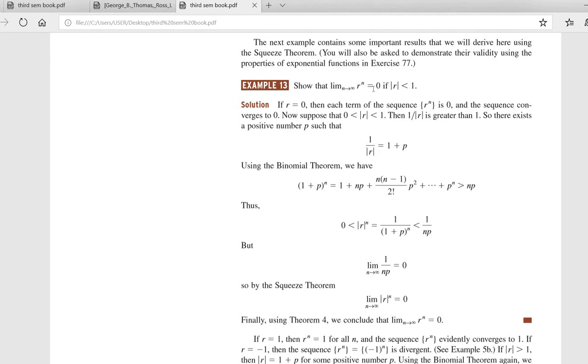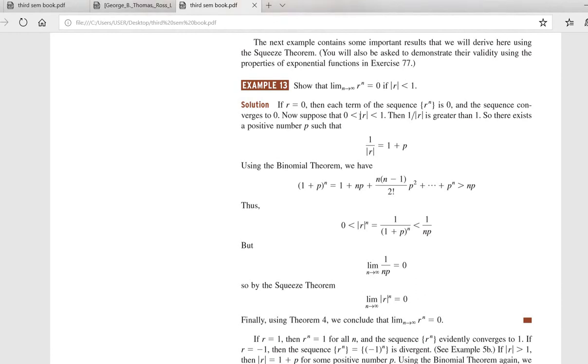So then there is nothing to prove. The sequence converges to 0, and so suppose that 0 is less than mod r less than 1, right?